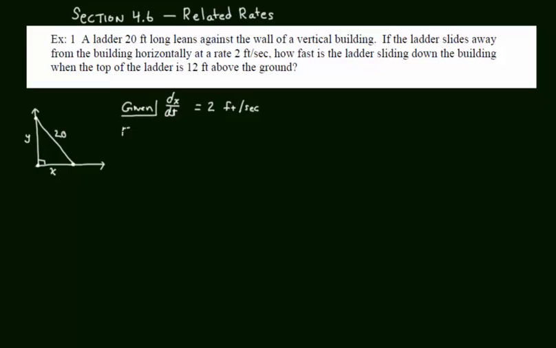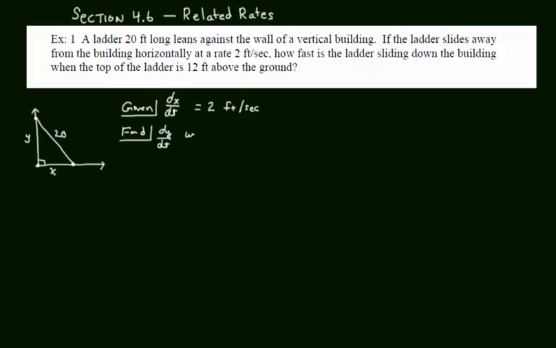Next, we want to determine what we want to find in the problem. Let me locate it. There it is. How fast is the ladder sliding down the building? So what we want to find in symbolic notation would be the derivative of y, that's the height, with respect to time, dy/dt.